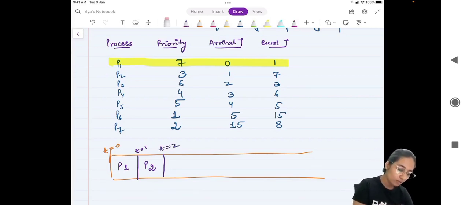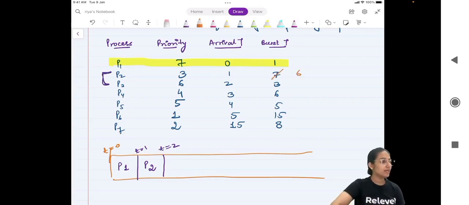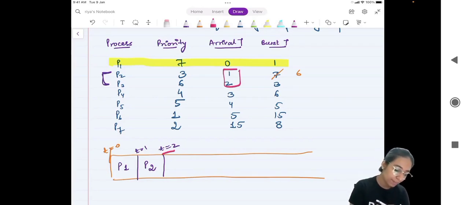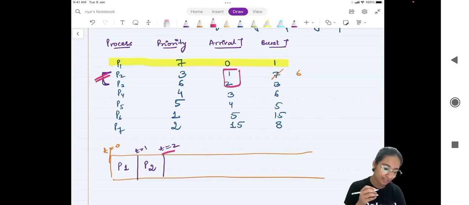Now at t equal to 2, you have two processes over here. The burst time for P2 is left with 6. Now process P3 comes. The priority of P2 is 3 and the priority of P3 is 6. Till t equal to 2, we have these two processes, and out of these two the priority of P2 is higher.